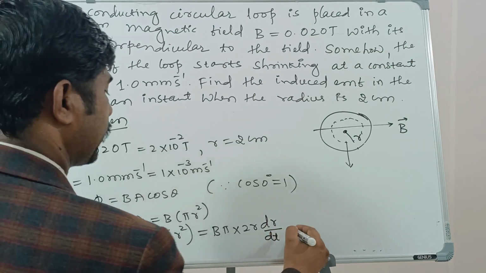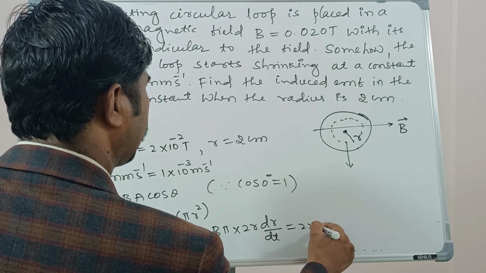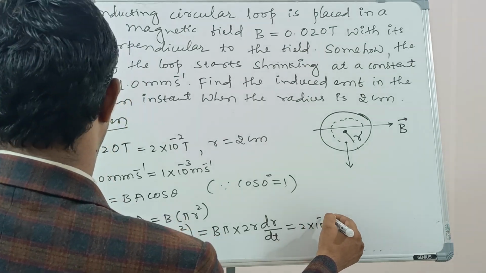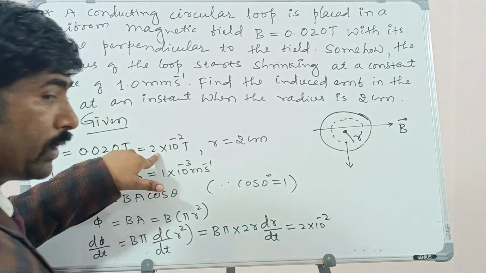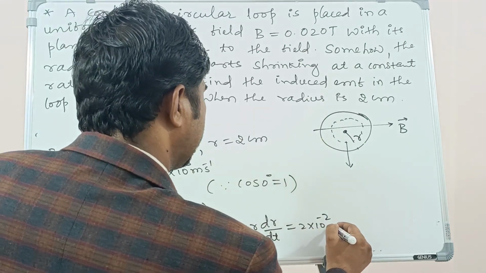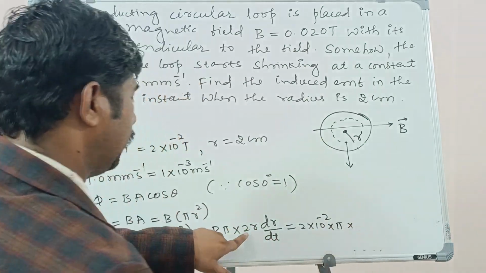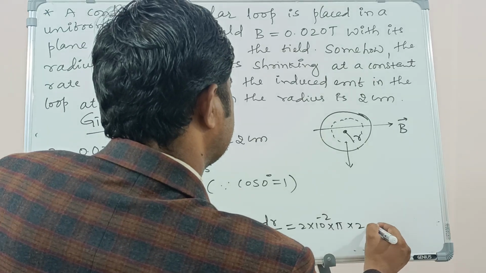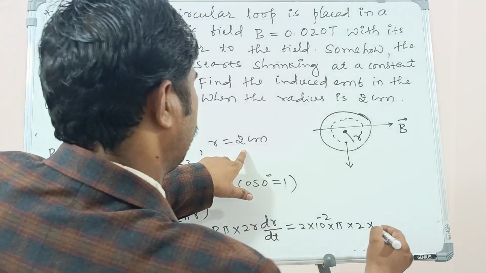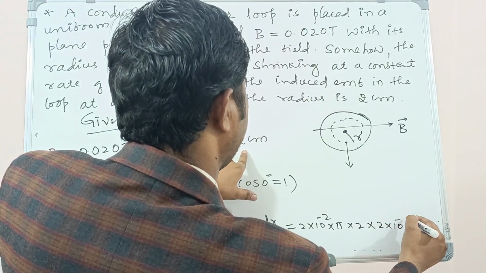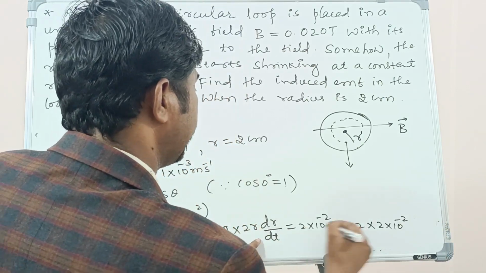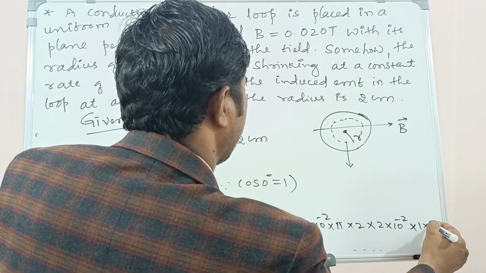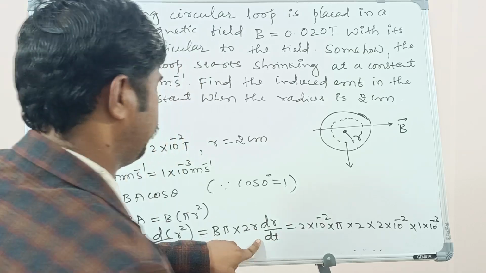Next, the B value is 2 into 10 power minus 2, then pi as it is, then 2 as it is, then r is 2 into 10 power minus 2, and dr by dt is 1 into 10 power minus 3.